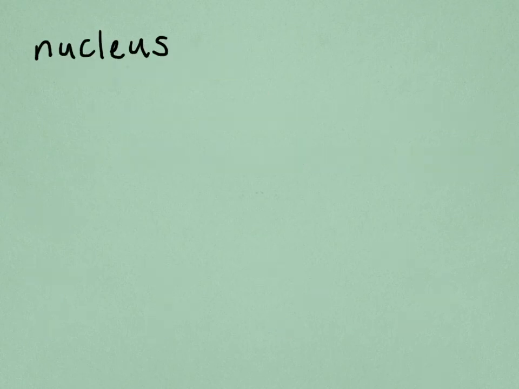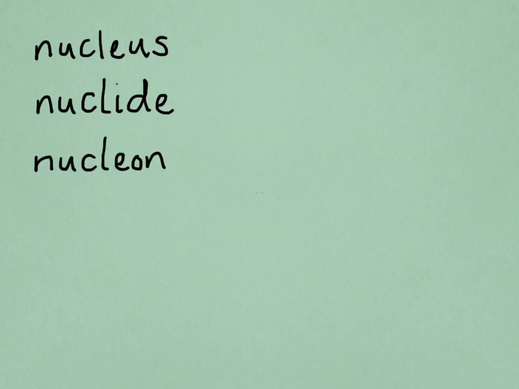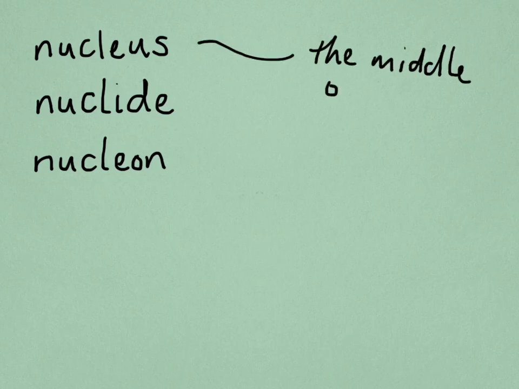So 3 words you need to understand and be able to use and know the difference between them. One is nucleus, another is nuclide, and the third one is nucleon, and they look and sound very similar. So what's the difference? The nucleus is just the name for the thing in the middle of an atom, made up of protons and neutrons, so it's a very general term.